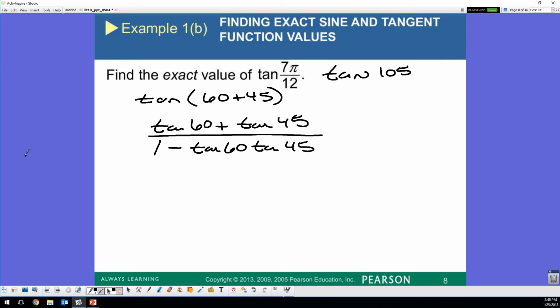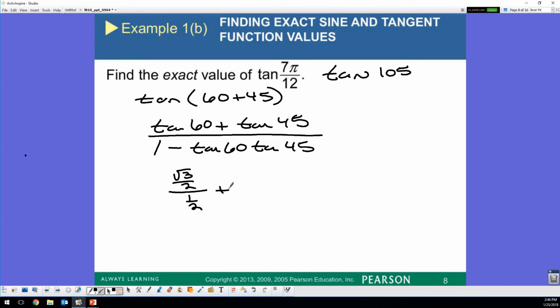Now, for this one, we're going to have a little bit of space. Tangent is complicated. The reason why tangent is complicated is because of the ratio y to x. So as we write tangent of 60, it's going to be sine over cosine. My sine value at 60 is rad 3 over 2 over, what's the cosine? 1/2 plus. What is tan 45?